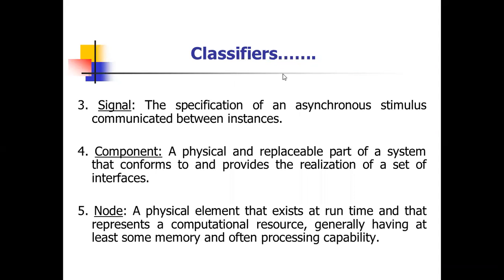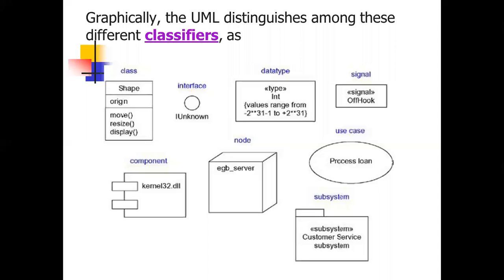Then we have seen all the classifiers' explanations, their denotation, their representation. Here you can see the representation of all the classifiers: that is class, interface, data type, signal, component, node, and use case or subsystem.